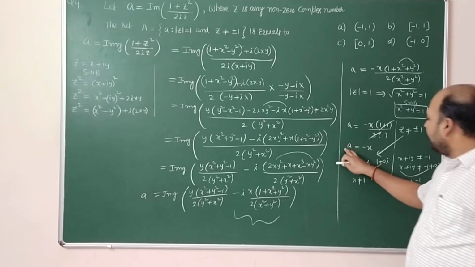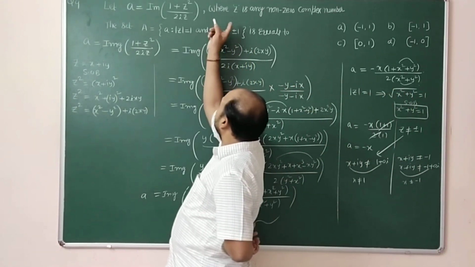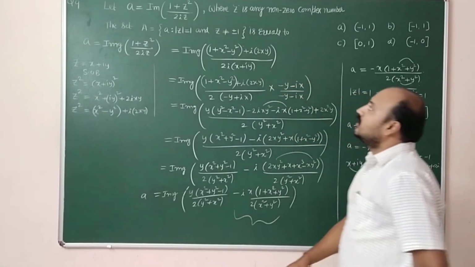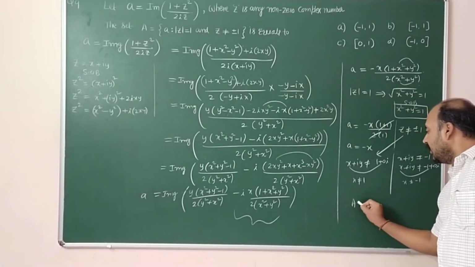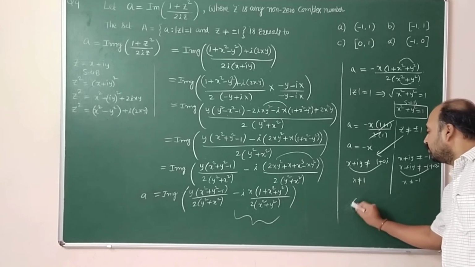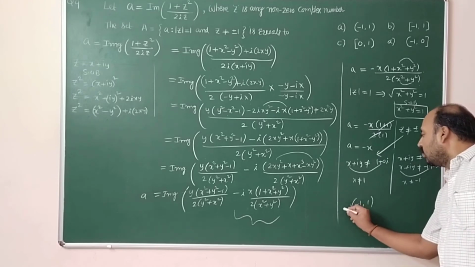So whenever a value is minus x and satisfying these conditions, z is not equal to plus or minus 1 and mod z is equal to 1, the set A belongs to x values. So these two x values we could write as minus 1 comma 1.